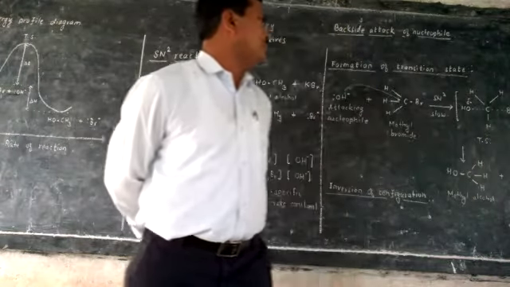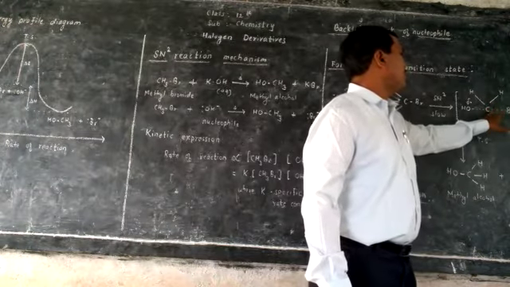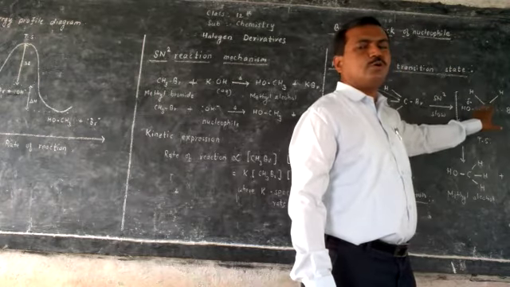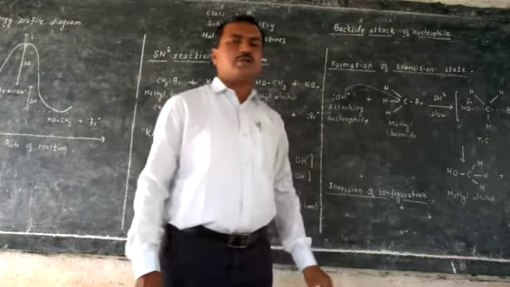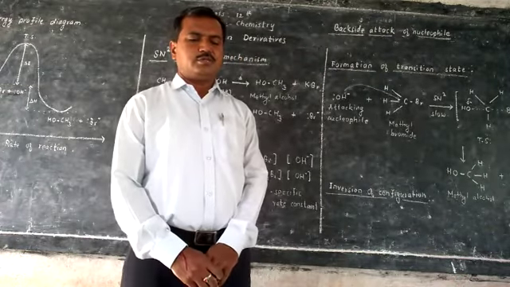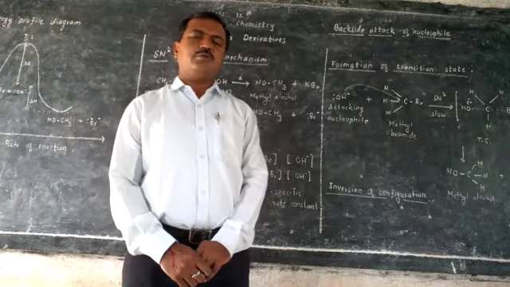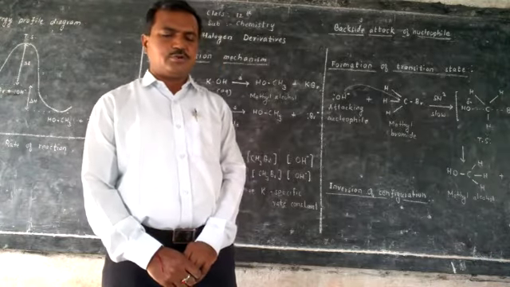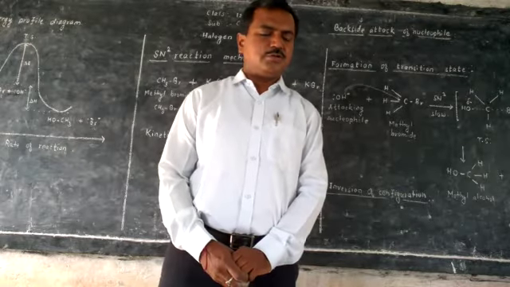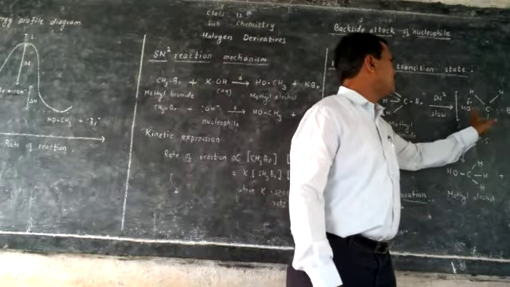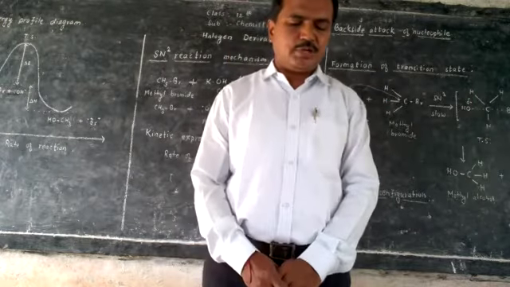Here OH and Br both are attached to the carbon atom with loose bonds. Both carry a partial negative charge. Here the carbon atom becomes pentavalent, meaning the valency of carbon becomes 5. Normally the valency of carbon atom is 4, but here it becomes 5. So it is pentavalent, where OH negative and Br negative are both loosely bonded.